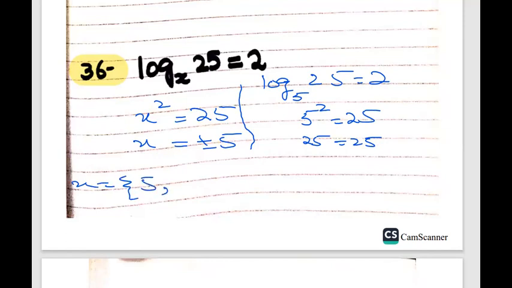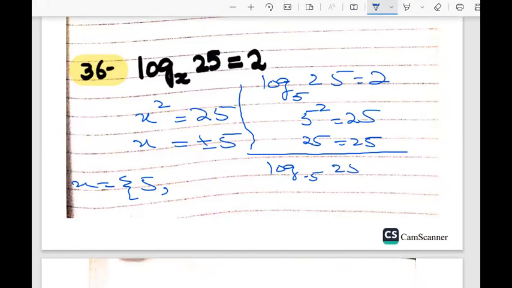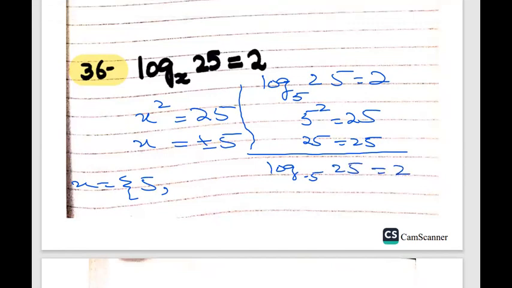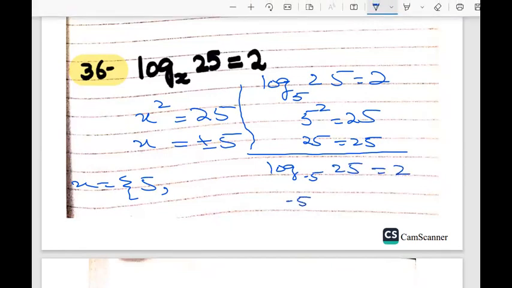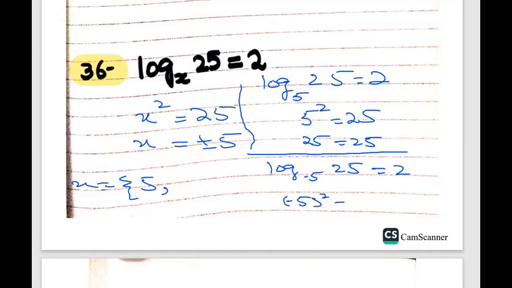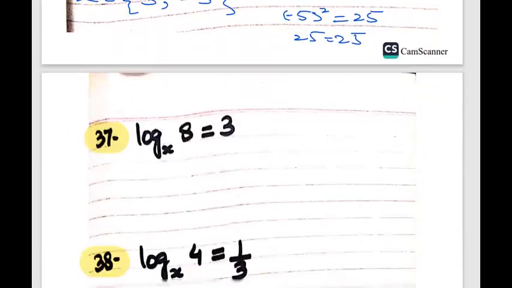Now we check for x equal to minus 5. We put x equal to minus 5 over here and convert it into exponential form, which is minus 5 raised to power 2 is 25. And this also satisfies the given equation. It means that both are the solution of the given equation.